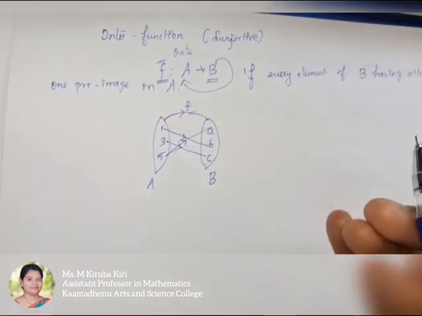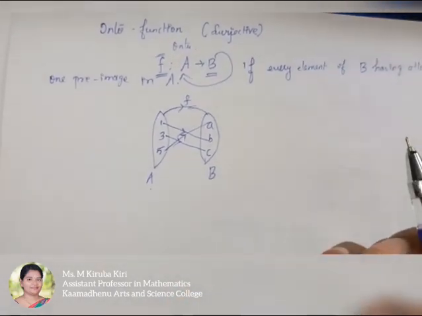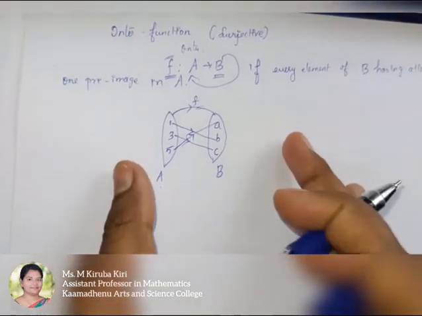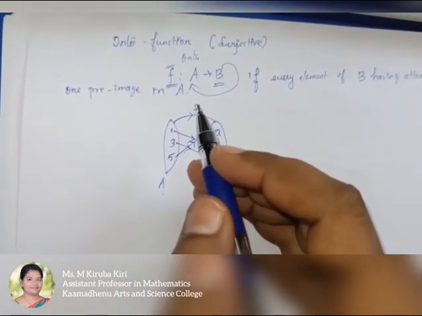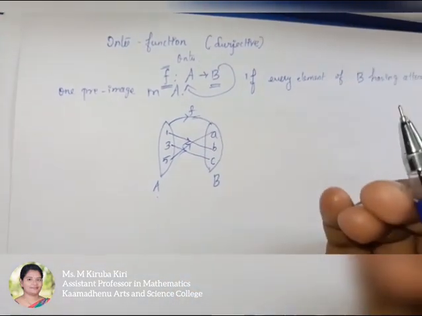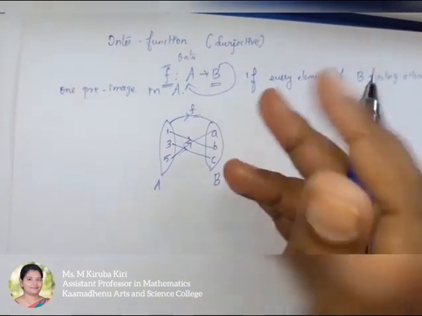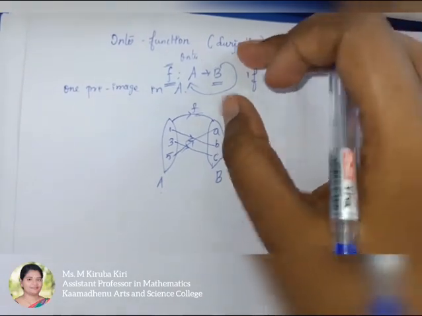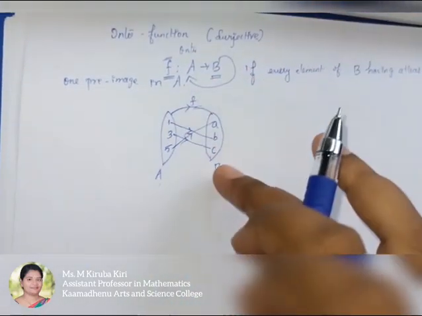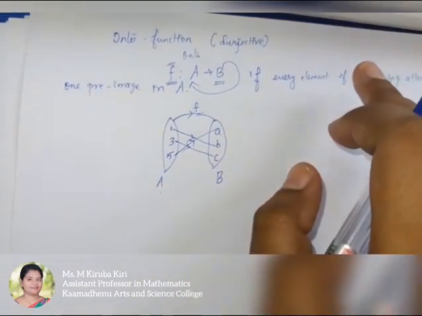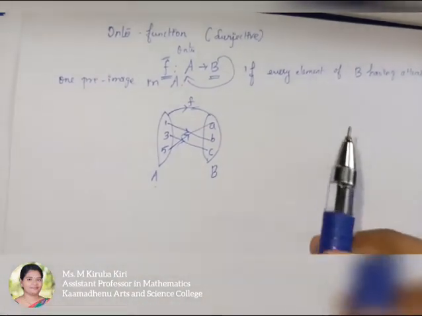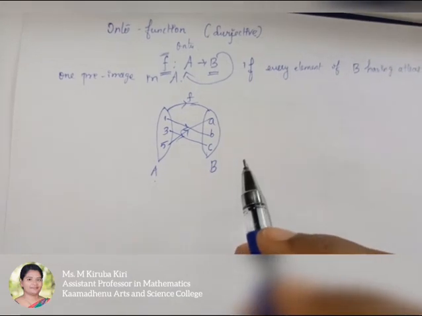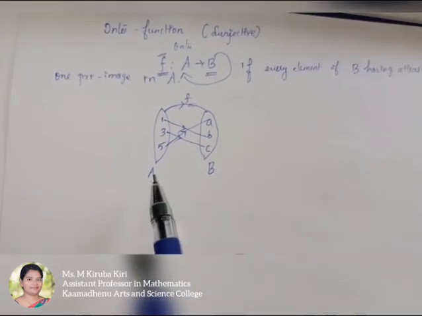Now we need to check whether this is an onto function or not. How do we check? We know the definition of onto function: every element in B has at least one pre-image in set A. You check here.